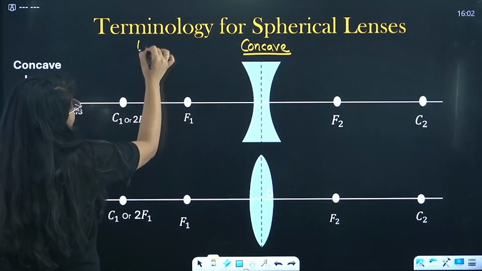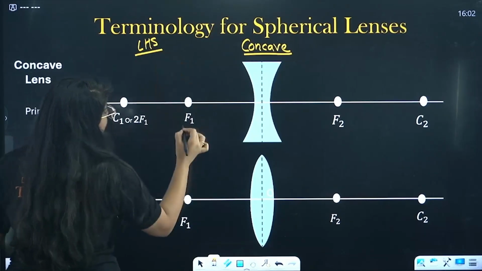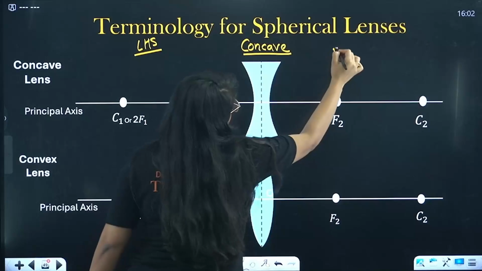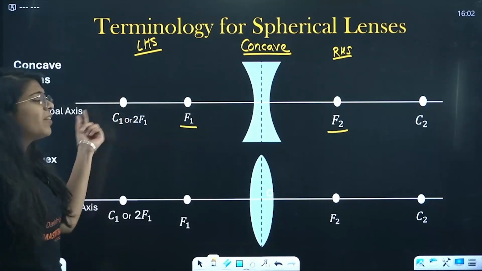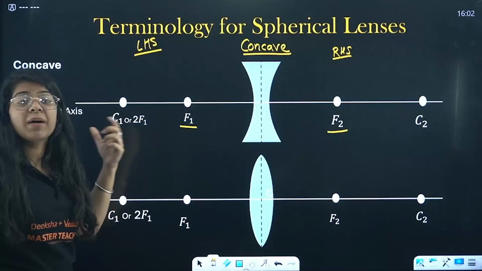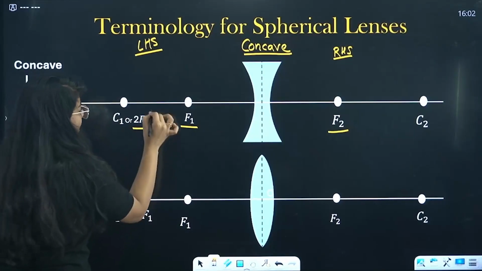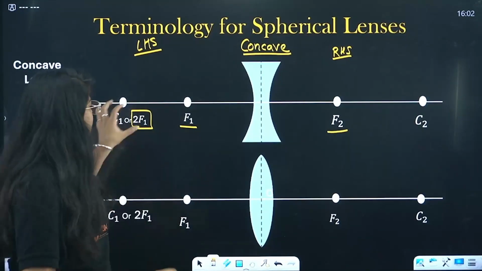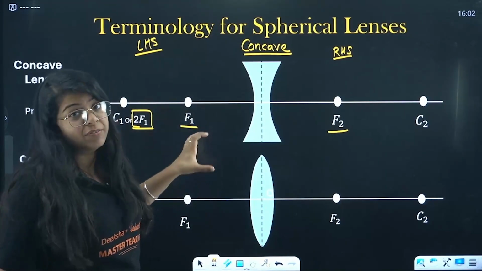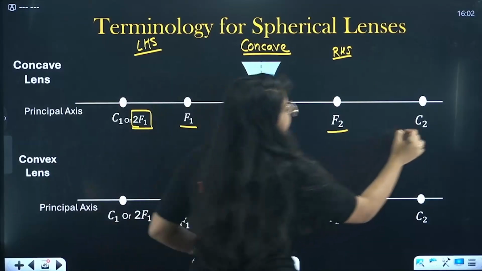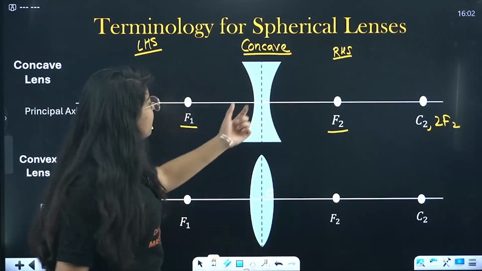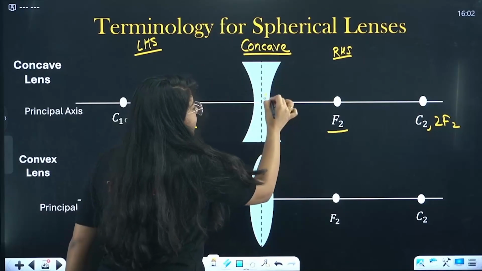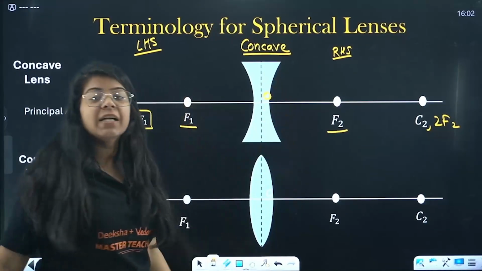On the left hand side, the focus is called F1. On the right hand side, beta, it is called F2. And here, we used to call it center of curvature, but here we call it 2F1. It is similar, double of F1, but 2F1. And here it will be 2F2. Right? Here, beta, we had pole, but here we will have optical center.